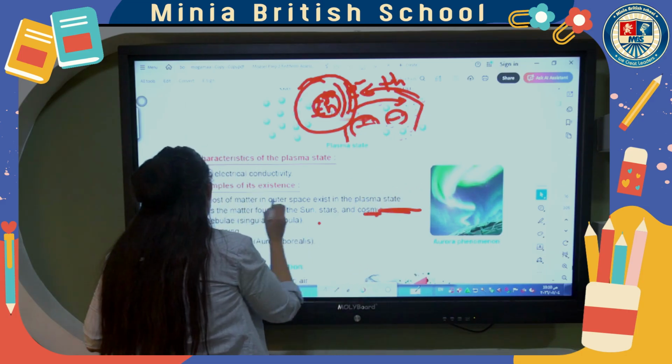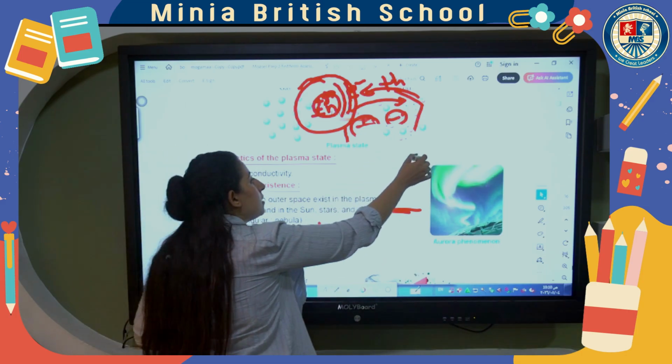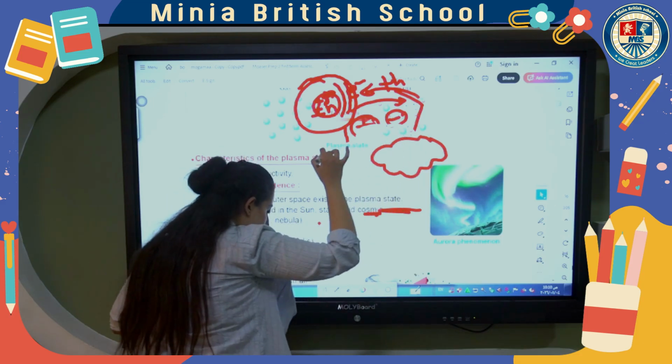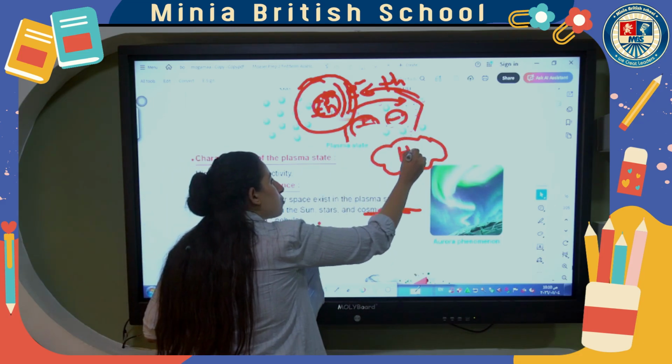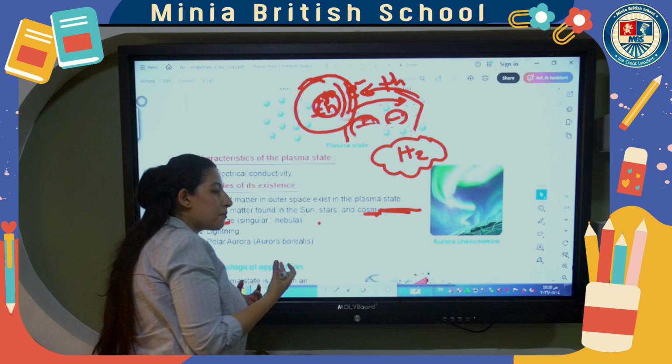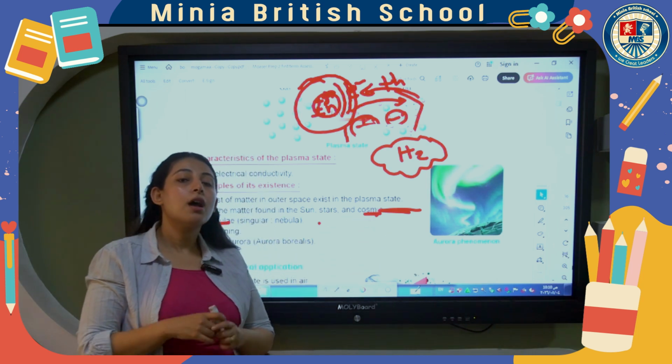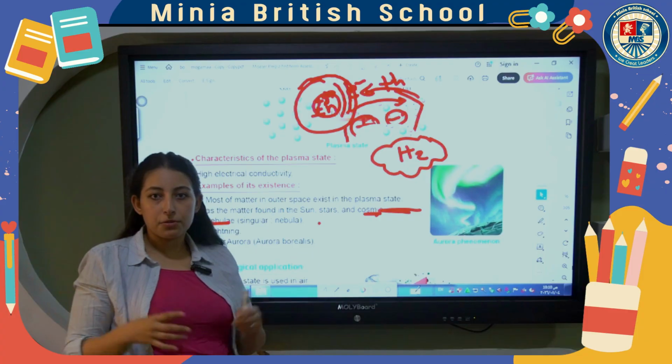What is a cosmic nebula? It's a very large amount of hydrogen gas together that surrounds the stars in space, and the remains of a star after explosion.